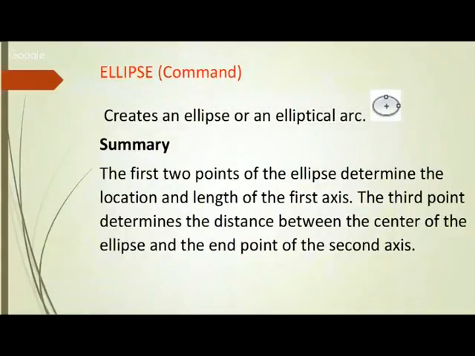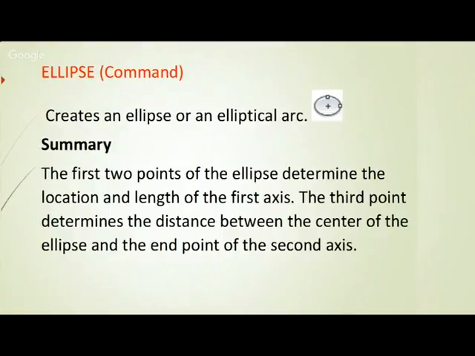This is the command and icon. By default, the first 2 points of the ellipse determine the location and length of the first axis. The third point determines the distance between the center and the end point of the second axis. Right.